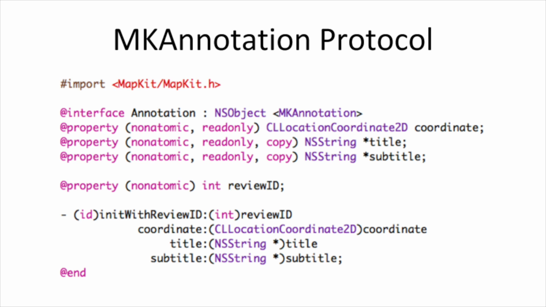Like that. So as you can see, there's my interface, my header file for my custom annotation object. And the first thing you notice, I'm subclassing NSObject, but I'm implementing MKAnnotation. You see that? And that MKAnnotation tells the computer I need to implement certain properties and certain methods.